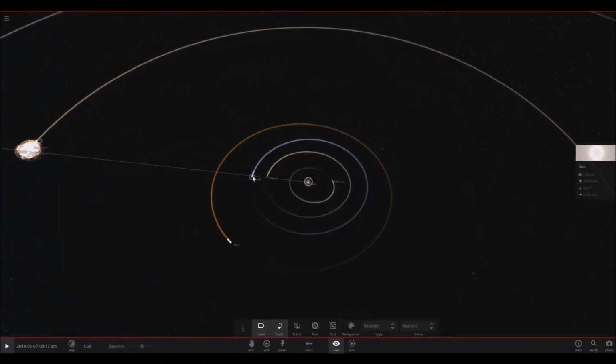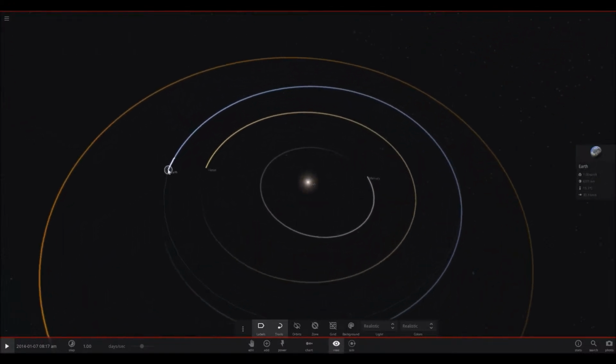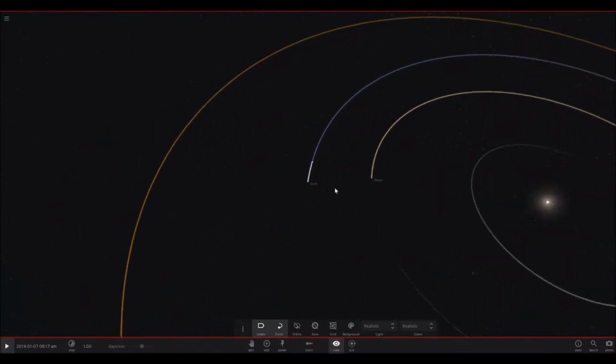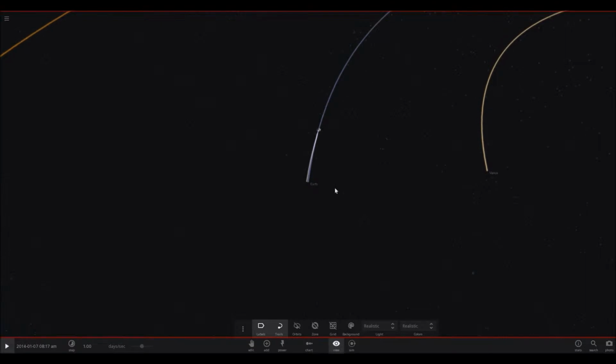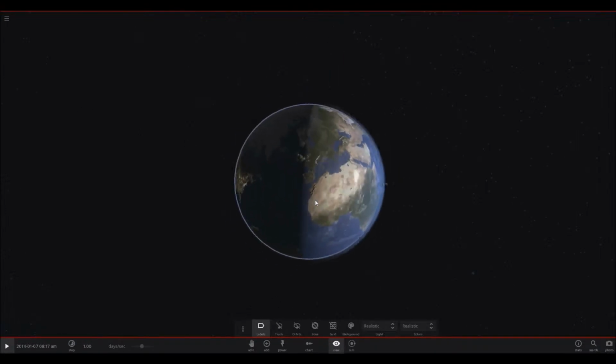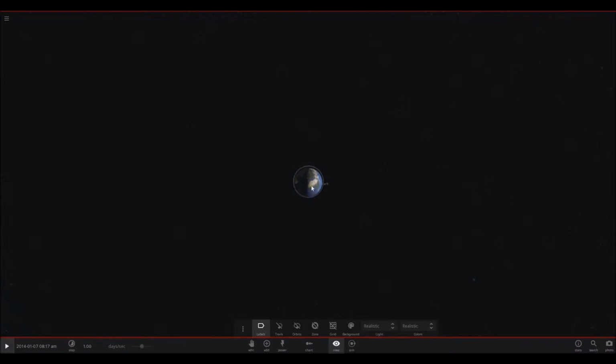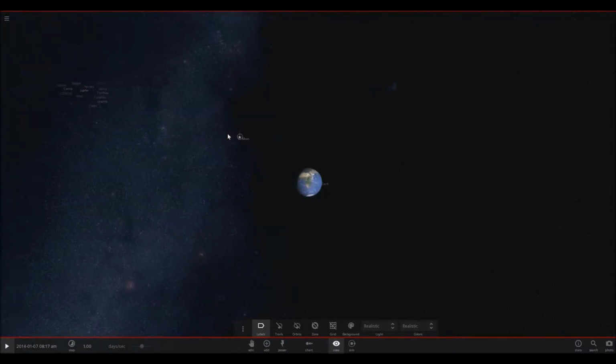So Earth. If we click on Earth, and double click to center it, we can zoom in, take the trails off, and there's the Earth. And there's the moon.